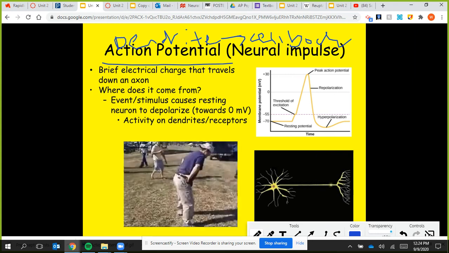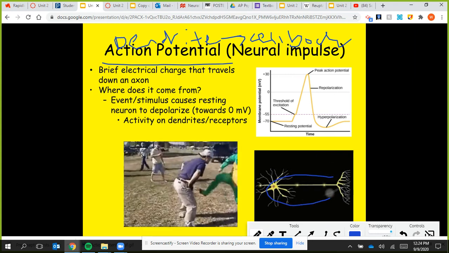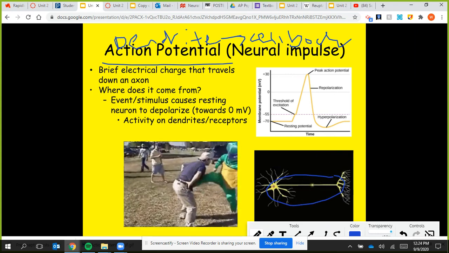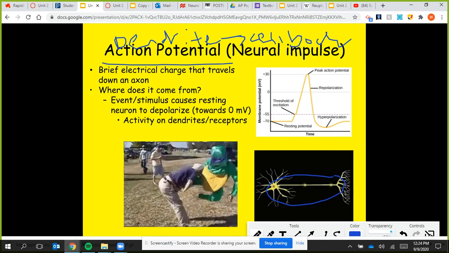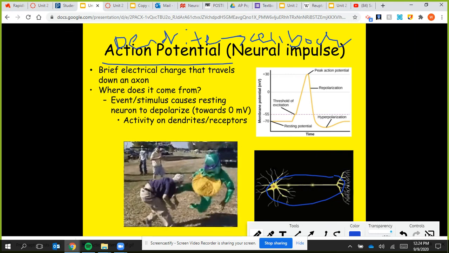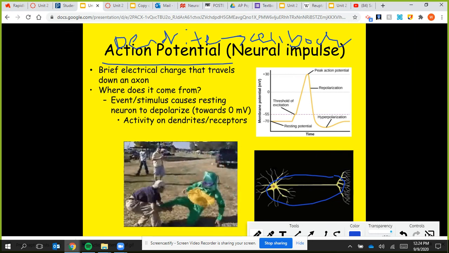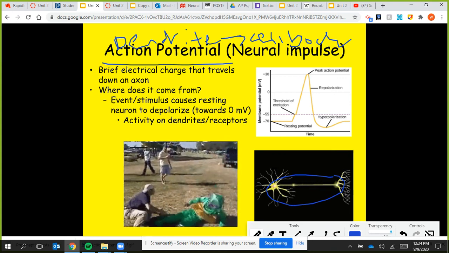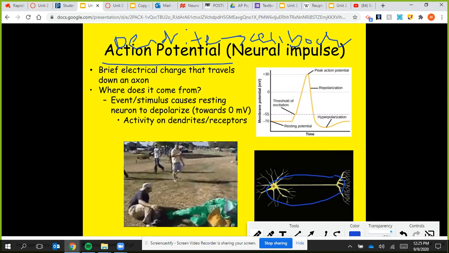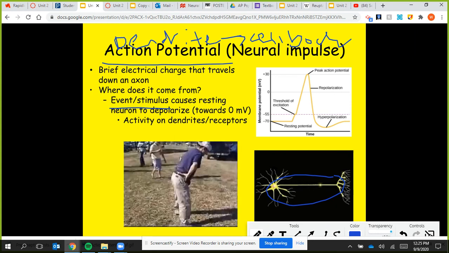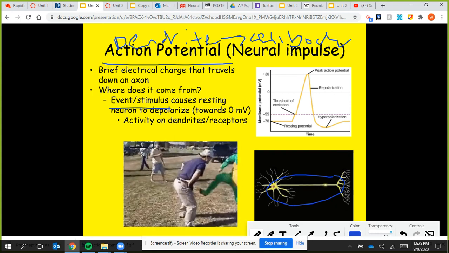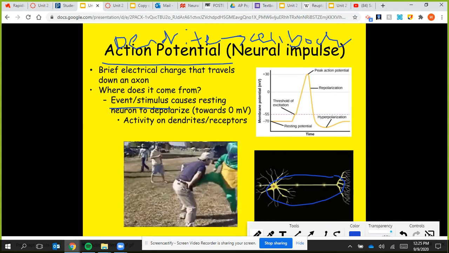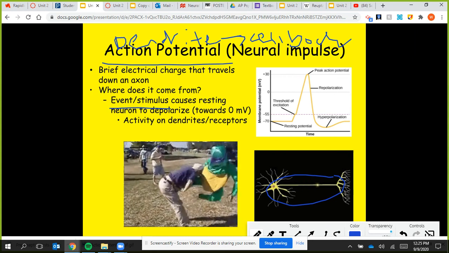You can see here, this is just a graphic. The little bright dots on there would be the electrical impulse traveling down the axon. This is called an action potential. Action potentials come from any event or stimulus that causes a resting neuron to activate.